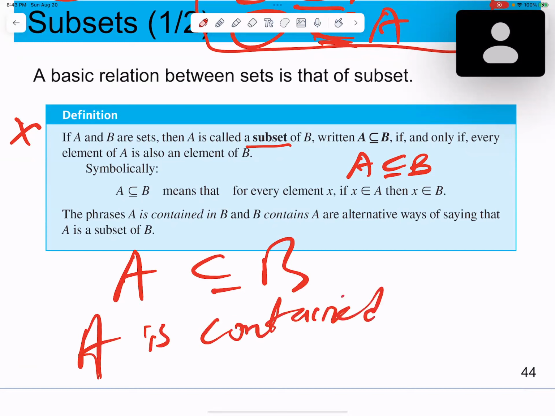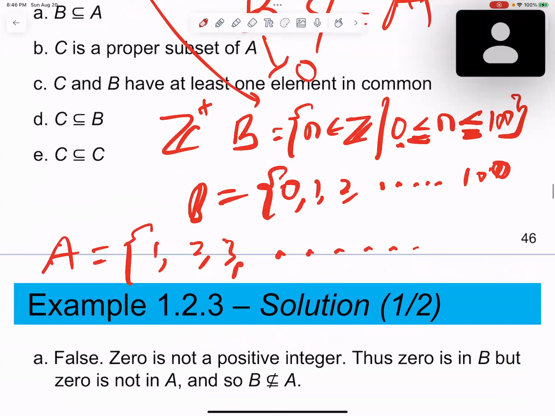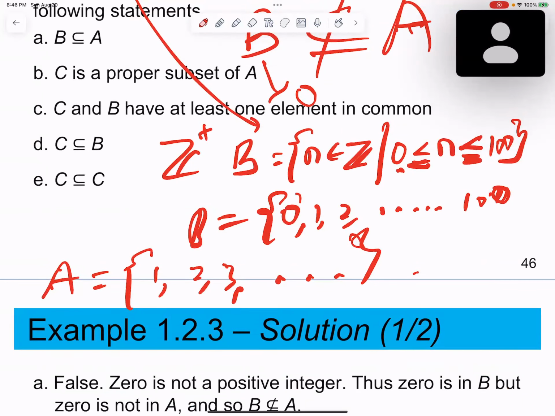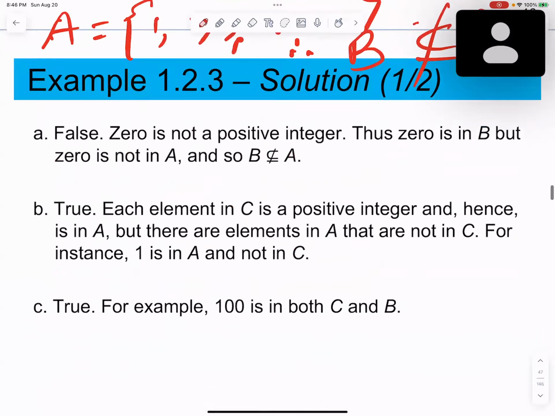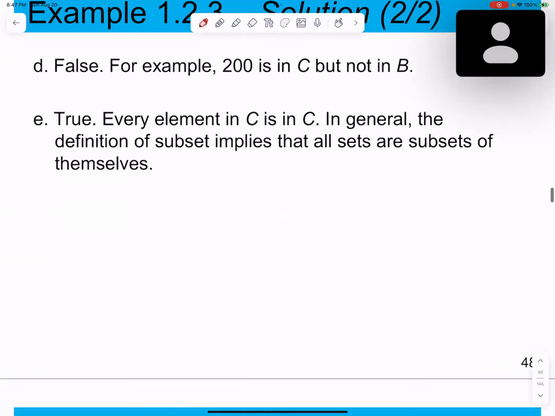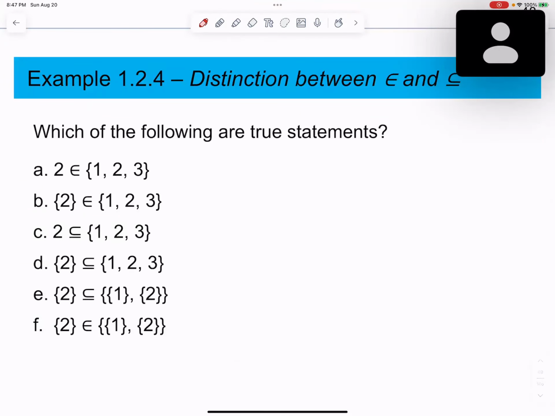You can see right here, and 0 is never part of A. So you are looking at A as all positive numbers. You can keep listing, 3 dots. You can list them forever. And B contains 0. Therefore, B is not a subset of A. I'll skip some of them. Okay. Now, let's look at which of the following statements are true.